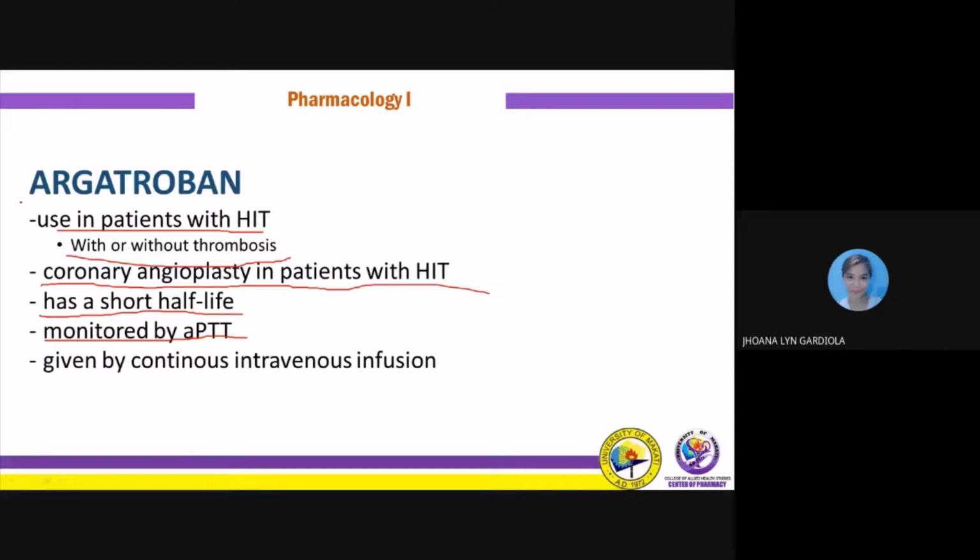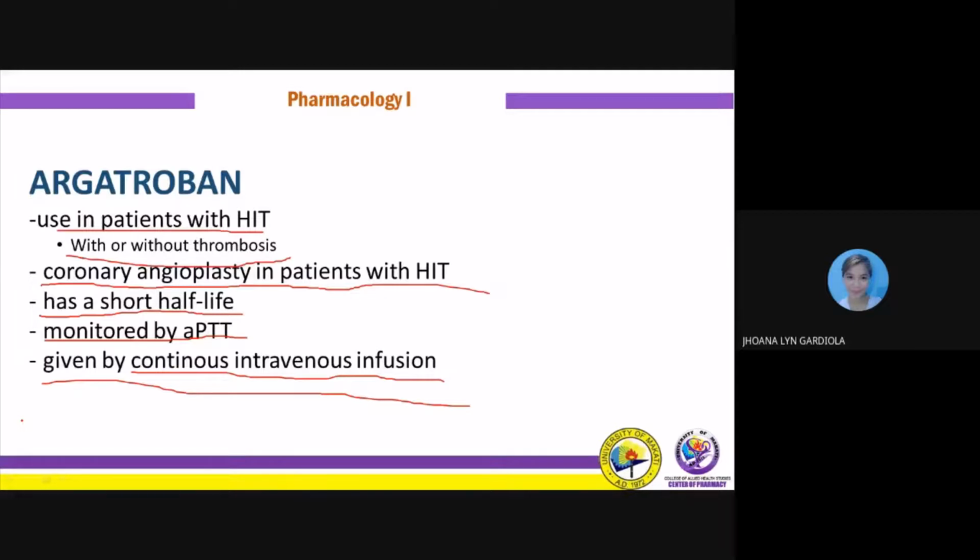Also, argatroban is given by continuous intravenous infusion, because essentially we're monitoring the patient to see their platelets come back up, and then we adjust accordingly, because argatroban is hepatically metabolized and predominantly excreted through the biliary system. So na-excrete siya through the biliary system.